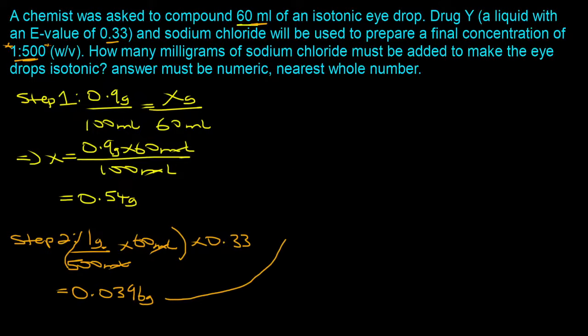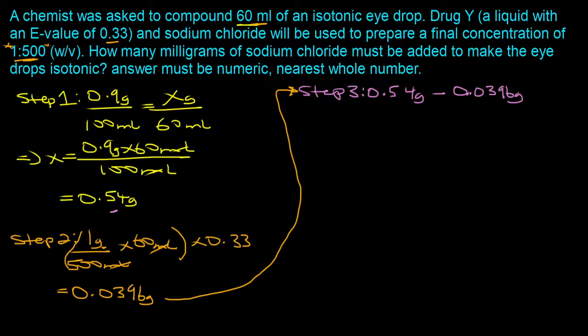So we can move on to step 3. And in step 3, we'll find the difference between step 1 and step 2. So step 3 is going to be equal to the difference between step 1 and step 2. So that will be 0.54 grams minus 0.0396 grams.